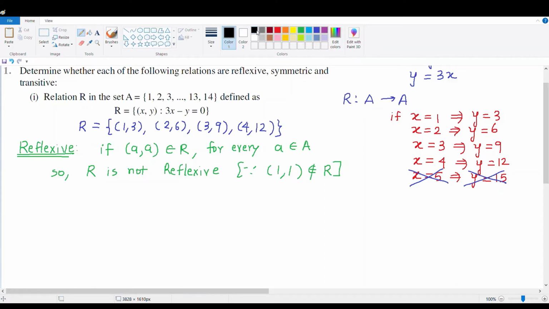Now we are going to check for symmetric. The definition of symmetric is what?